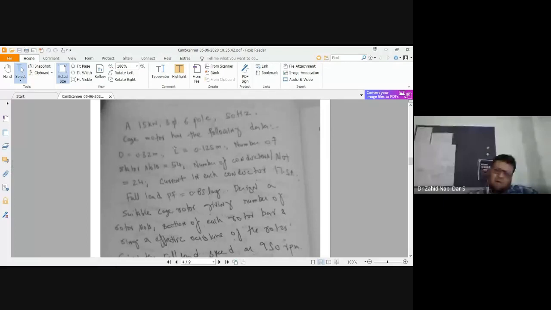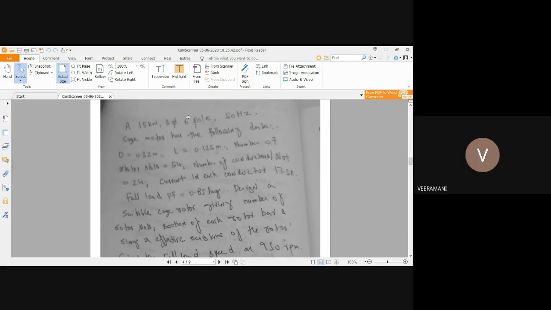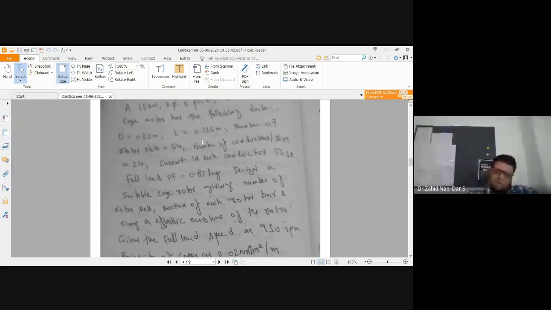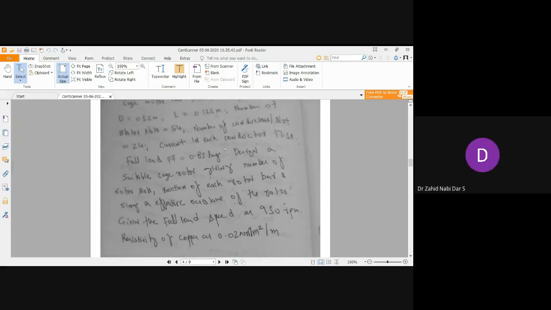Usually a question will come for either 4 poles, 6 poles, or 8 poles. For 6 pole it is 1000, for 4 pole it is 1500. Now for 8 pole how much would it be? 750. So you can remember that.